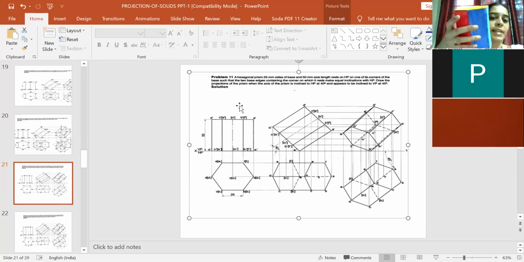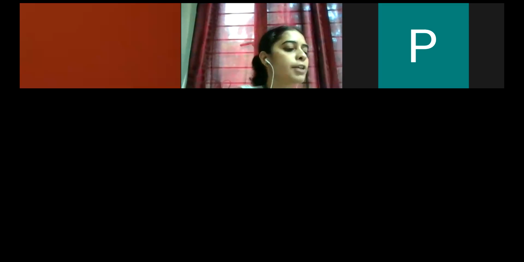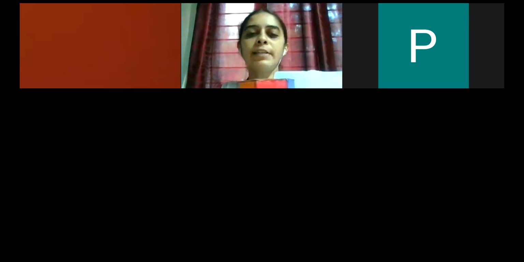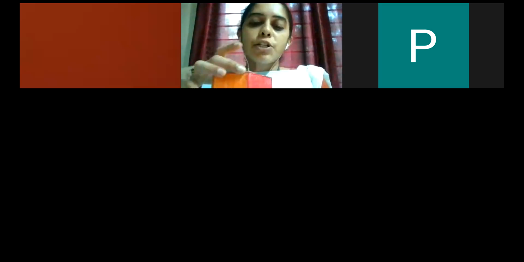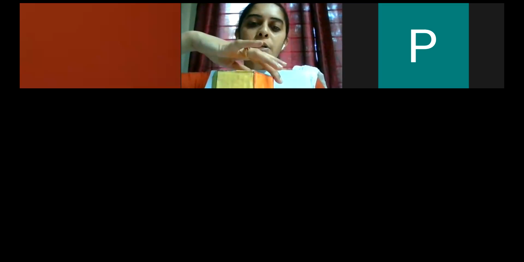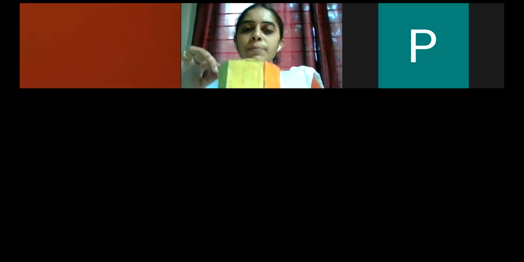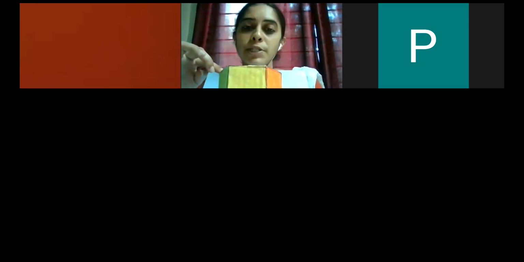So if you have a hexagonal prism resting on one of its corners on HP, you have to assign it in such a way that it is not resting on one of its edges. So you have to rotate it in such a way that the corner is kept towards your right. If you keep one of the corners towards your right, the other corner will be directly opposite to it.